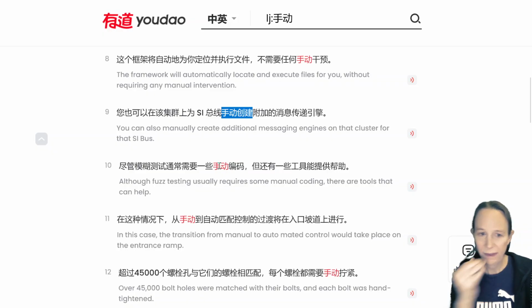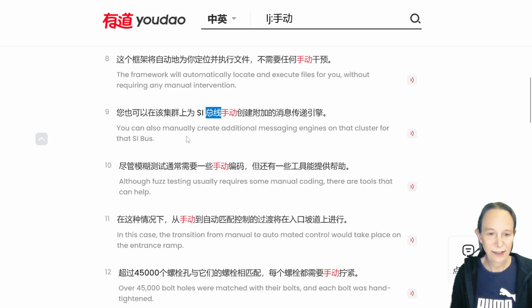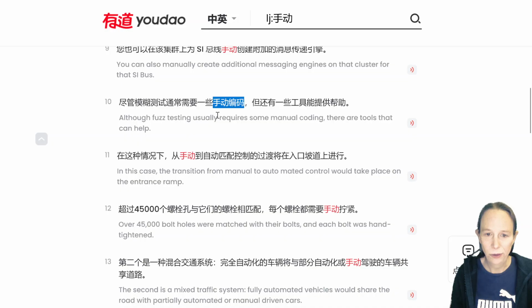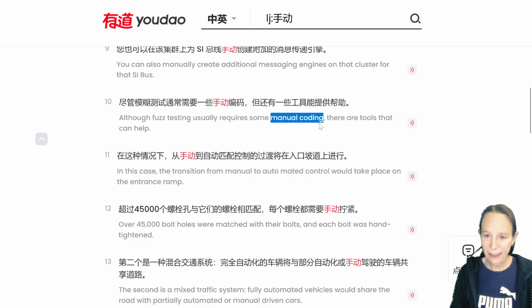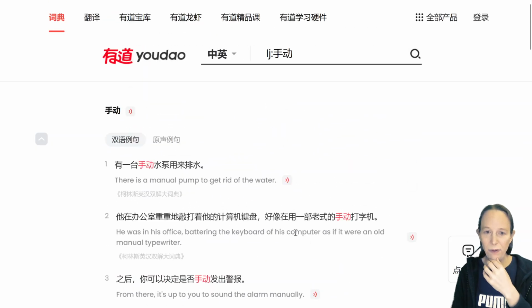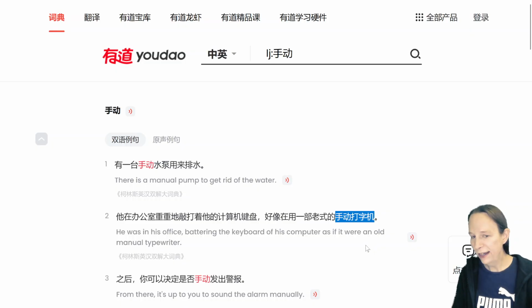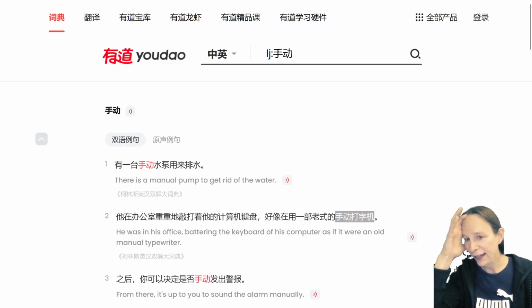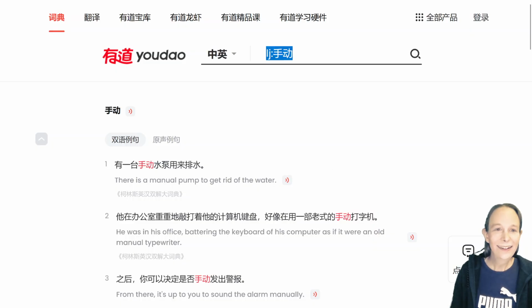What? Yeah, maybe this is not relevant. Let's do this. 手动编码. Manual programming, manual coding. All right. 手动拧紧. So manual twisting, tightening in this case of bolts. All right. So what would be the opposite of this one? A manual typewriter. It's not an automatic typewriter. It is just a typewriter, right? It's just a computer. Yeah. All right, let us move on.